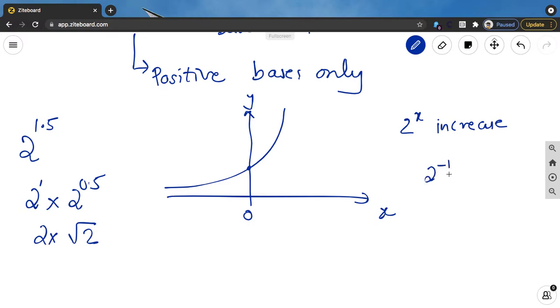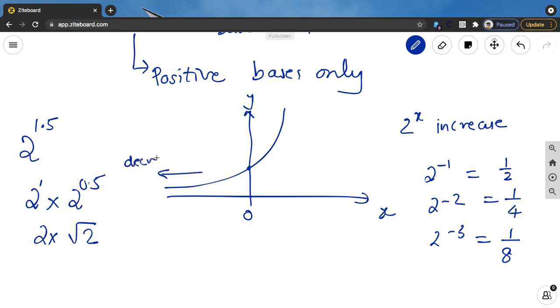It's 2 raised to minus 1, 2 raised to minus 2, 2 raised to minus 3, which means it's 1 upon 2, 1 upon 2 square, which is 4, 1 upon 2 cube, which is 8, and so on. So the numbers are becoming smaller on the left side and bigger on the right side. So that is the basic graph of an exponential function.